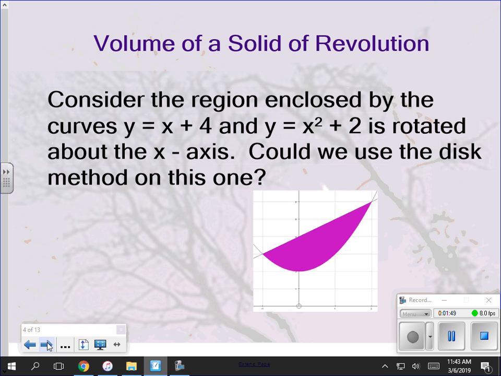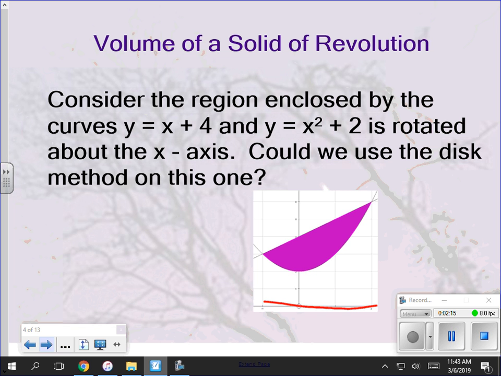So consider the volume of a solid of revolution. Consider the region enclosed by the curves y equals x plus 4 and y equals x squared plus 2. So I have an example there. It is rotated about the x-axis. So our axis of rotation is the x-axis. Can we use the disk method on this?